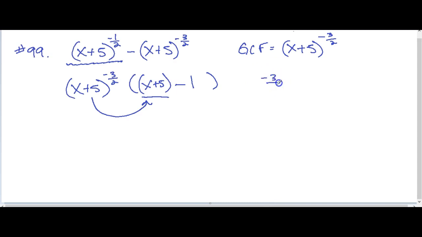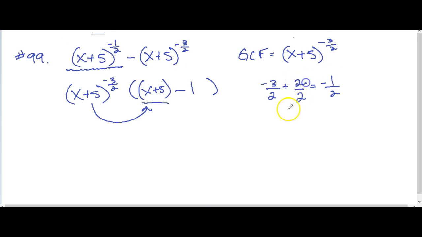Remember, I have to take the exponent negative 3 over 2, add it to another exponent to get it to be negative 1/2, which was the original right here. So my denominator stays the same. Negative 3 plus what would give me negative 1? Well, what will work is positive 2, because negative 3 plus 2 equals negative 1 all over 2.